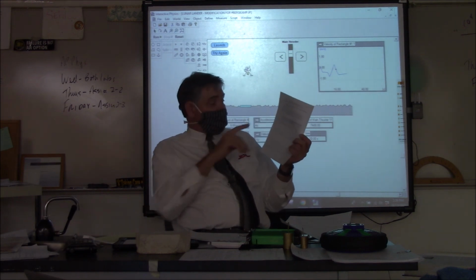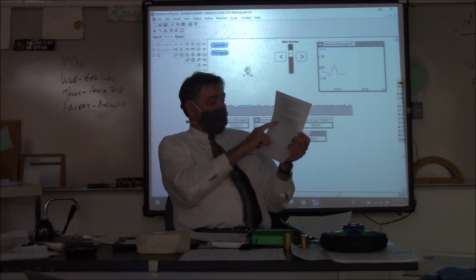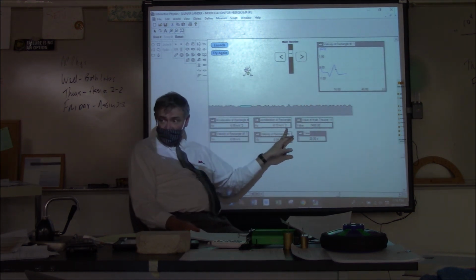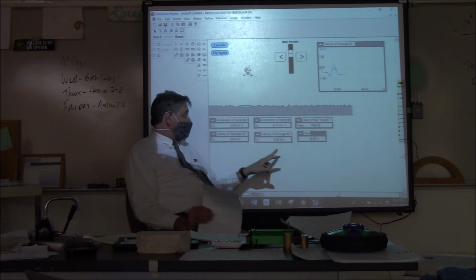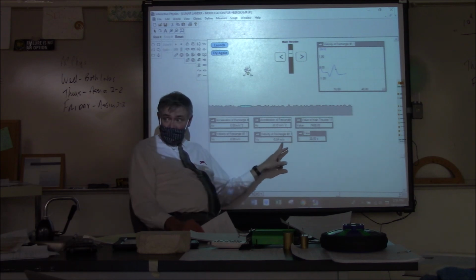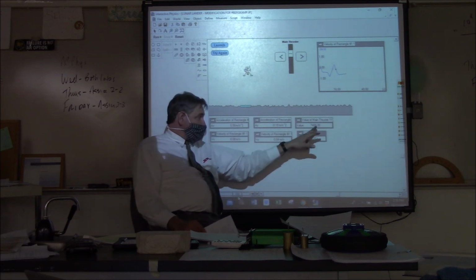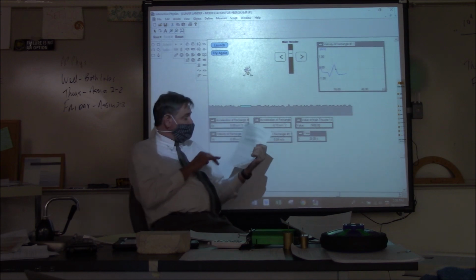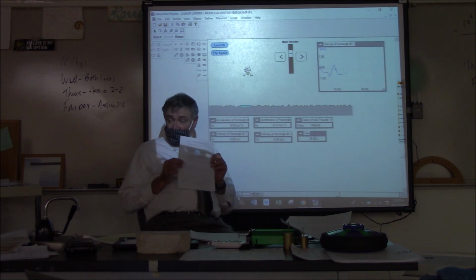I'm going to give you an acceleration, like this AY negative 0.19, this VY negative 0.04, and the value of the main thruster. Then you're going to use that information to calculate the net force.